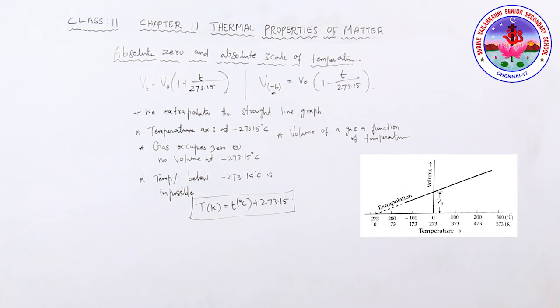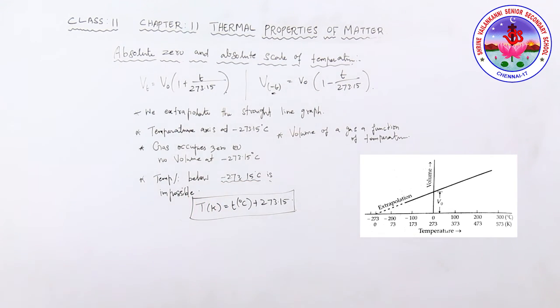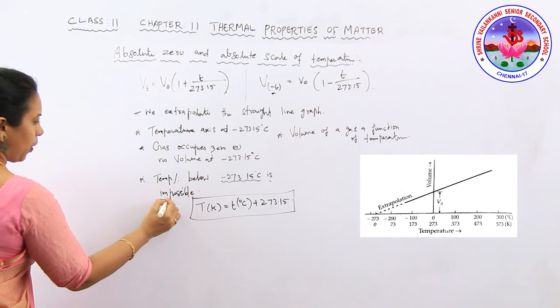At minus 273.15 degrees Celsius the gas occupies zero volume. So a temperature below minus 273.15 is not possible for the gas, because the volume would be negative, which is meaningless. So it is actually impossible.